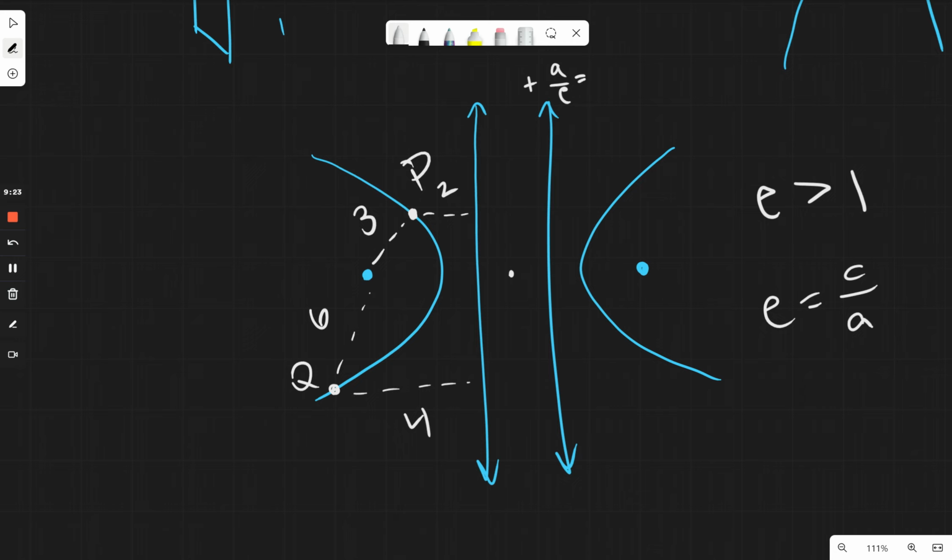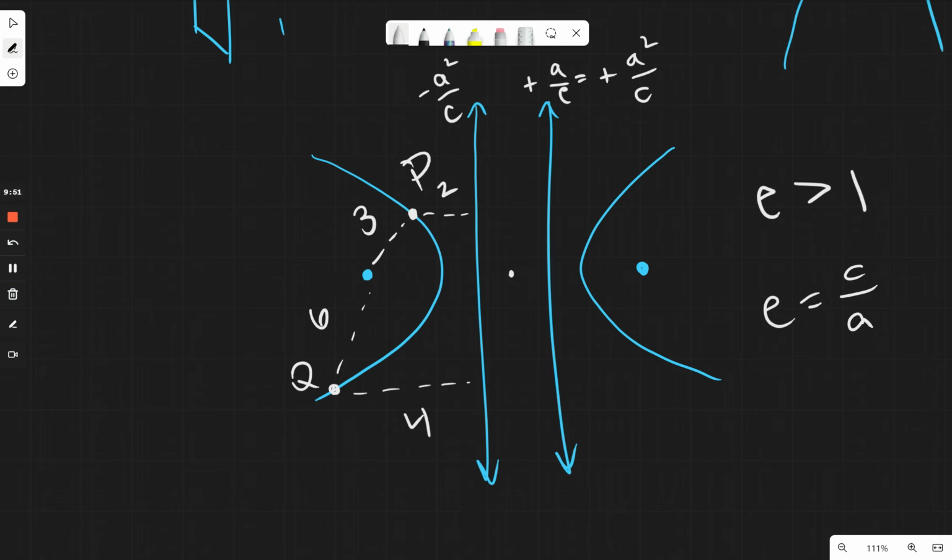So you could also write that as a squared over c to the right. And then, as I'm sure you can guess, the directrix on the other side is found by taking the x-coordinate of the center and shifting it a squared over c to the left, which is the same as what you do to find the directrix of an ellipse.